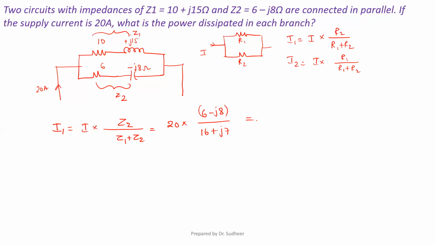Then you will get your I1. Use your calci, keep your calci in complex mode. First you can do the division part. 6 minus 8i, close the brackets, divided by 16 plus 7i.